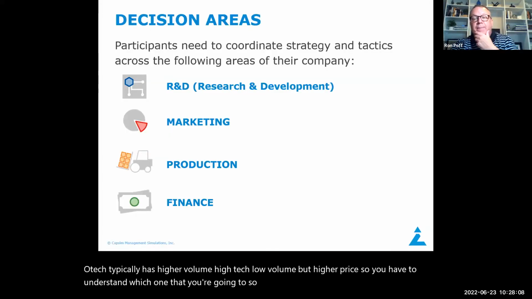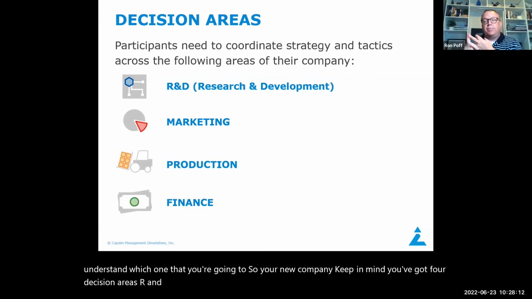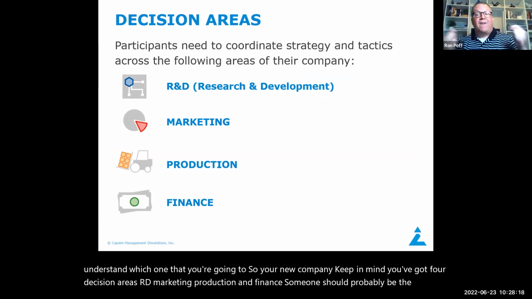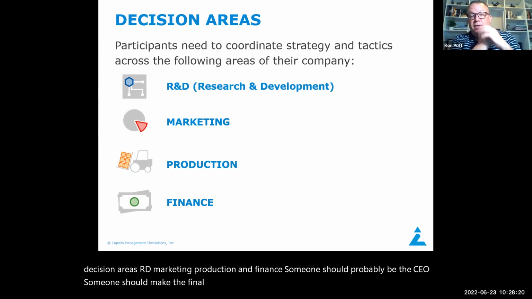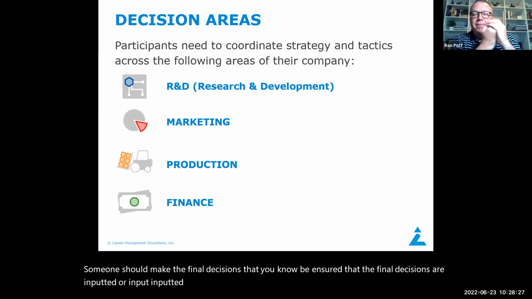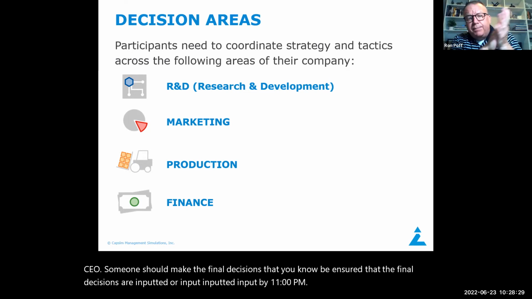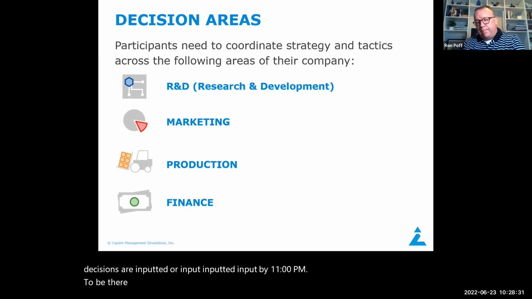So your new company, keep in mind, you've got 4 decision areas: R&D, marketing, production, and finance. Someone should probably be the CEO. Someone should make the final decisions, being sure that the final decisions are input by 11 p.m. So make sure that everyone has a responsibility.